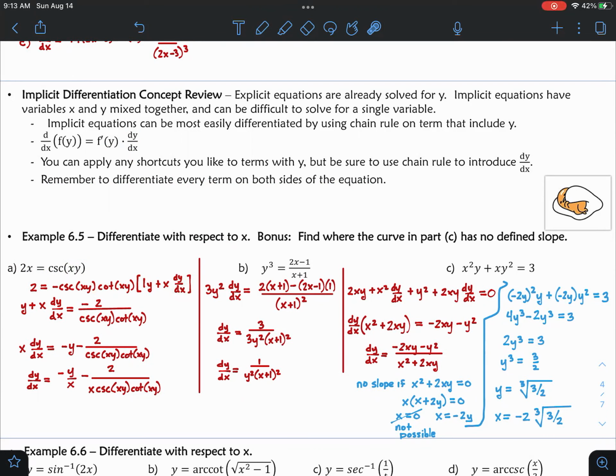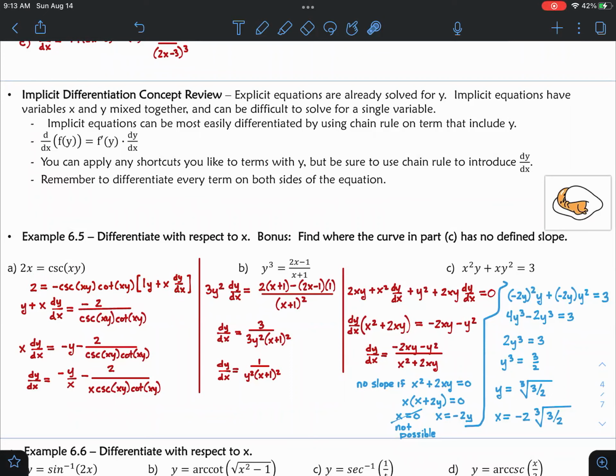Now, in some cases, I've seen throughout the years, students will get this far and be fine, but then they get stuck up on the algebra. Because here's the thing, in a problem like this, you can't stop as soon as you differentiate, because often we're trying to find the actual value of dy/dx. So I have to use algebra to get this thing here by itself.